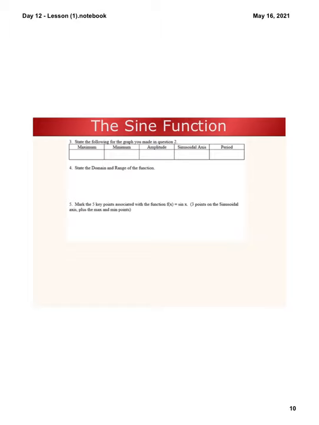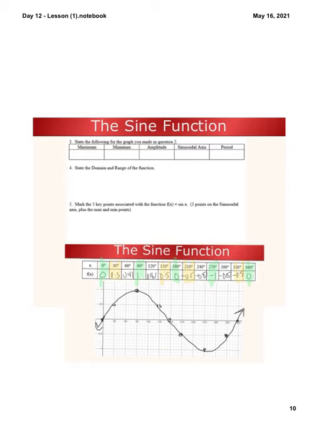Thinking about the sine function, which I'm going to paste in the bottom here shortly, we're going to be answering the following questions. So this is the graph that we did on the previous page. We're going to use this graph to talk about the maximum and the minimum. So we can see that the highest this graph gets is 1, and the lowest that this graph gets is -1.